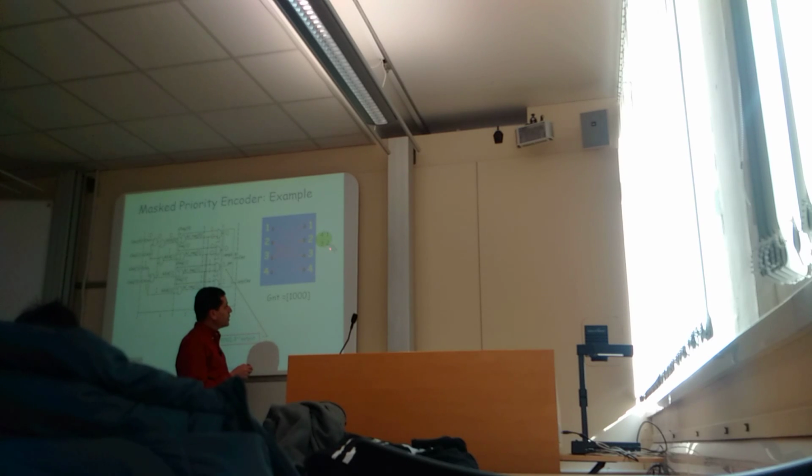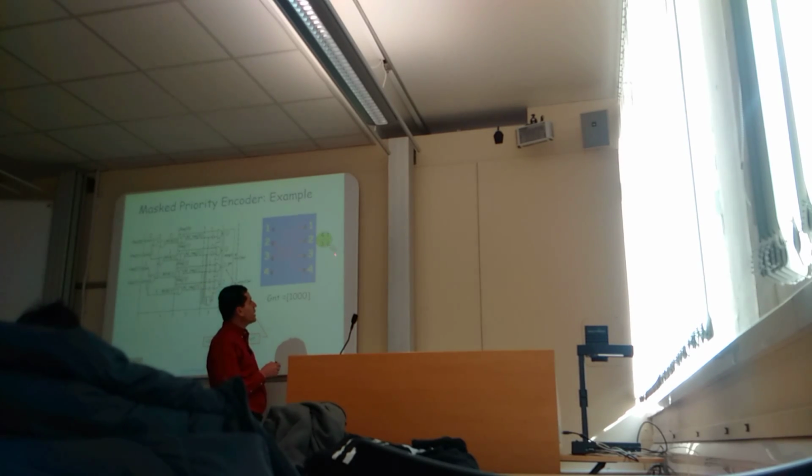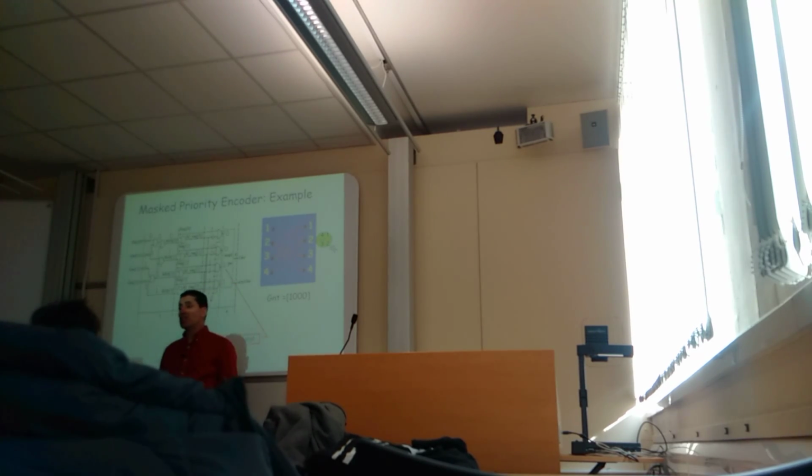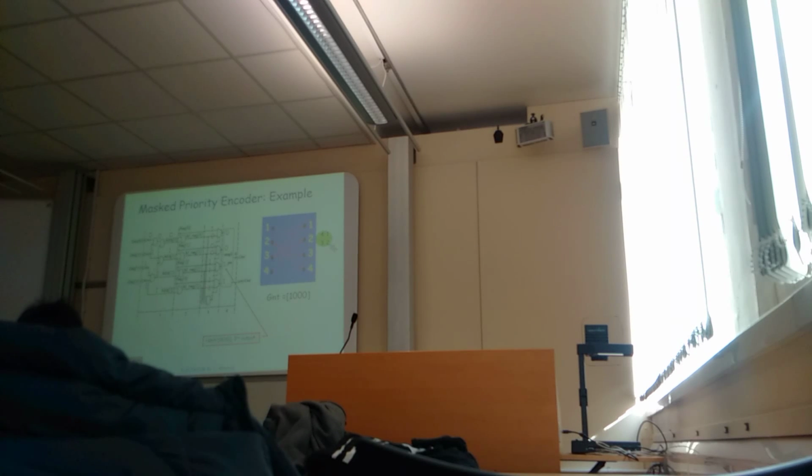We are taking this example here, so assume this pointer is pointing, the highest priority is 2. We are trying to show you how it works in real hardware at the logic gate level. This grant arbiter is receiving requests from input 1, and then input 3, and then input 4.